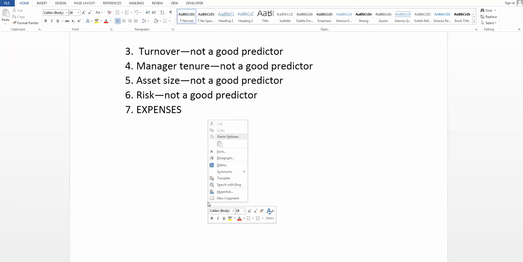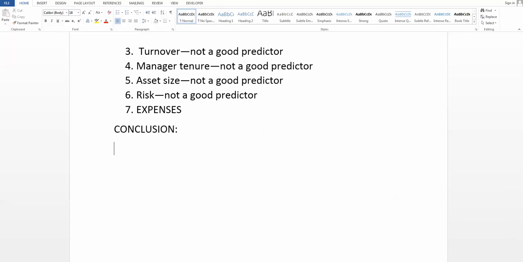So, the conclusion from all of this research is to avoid load funds. Remember, some funds charge what they call a front-end load or a sales charge.